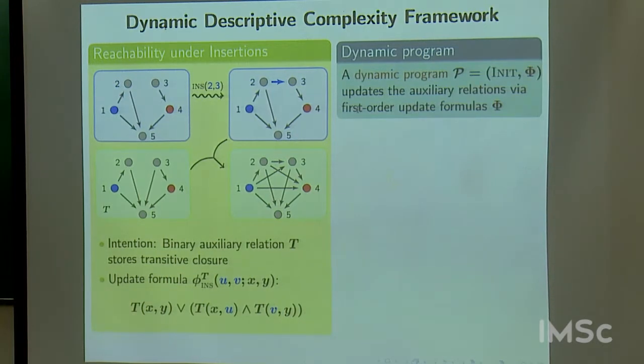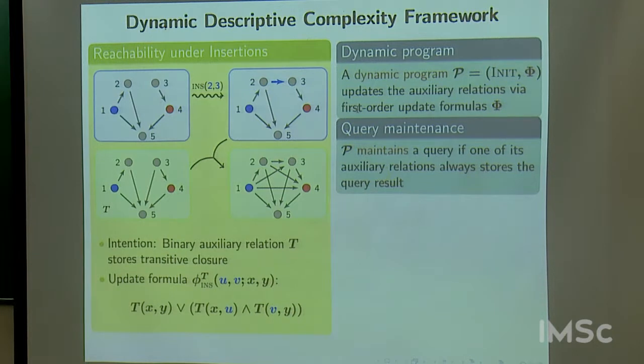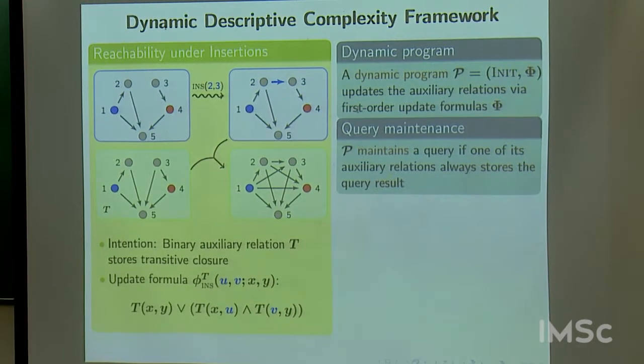Just to put things in perspective, we define what a dynamic program P is. So think of it as first order formulas which can update the auxiliary data structure so that you can maintain queries which are, for example, reachability queries and so on.